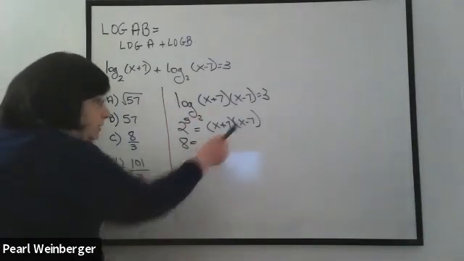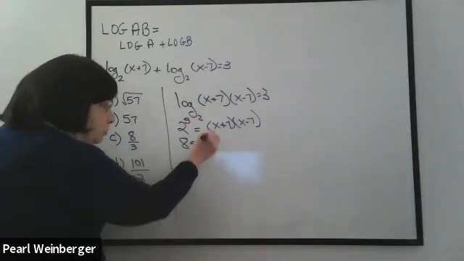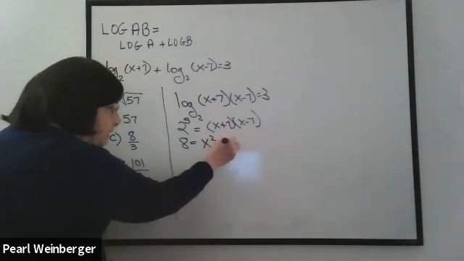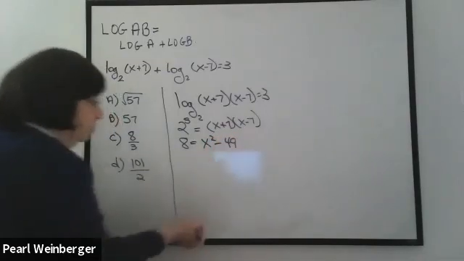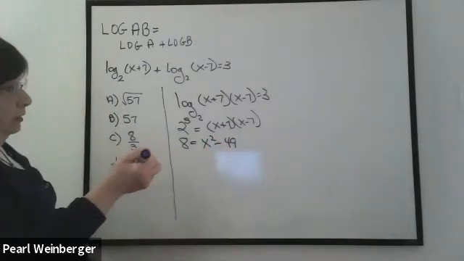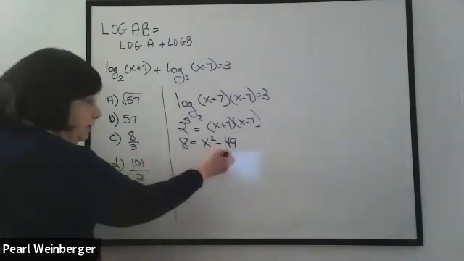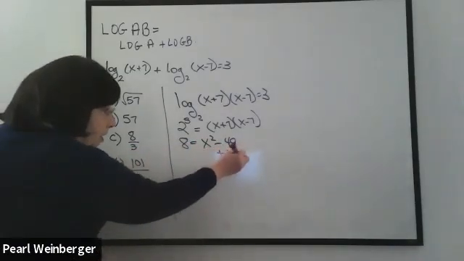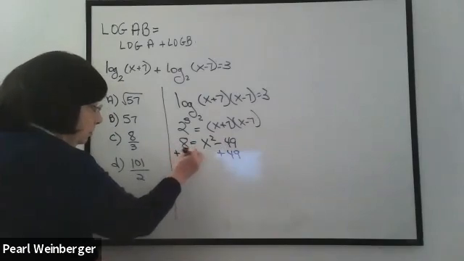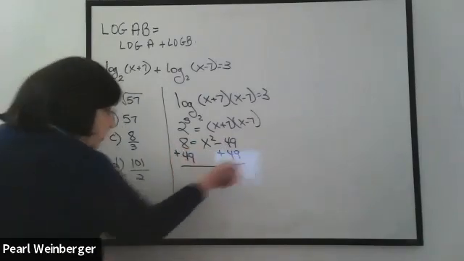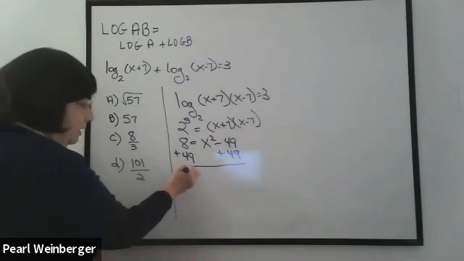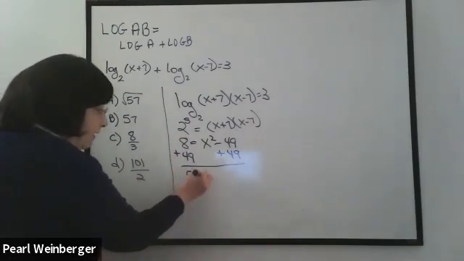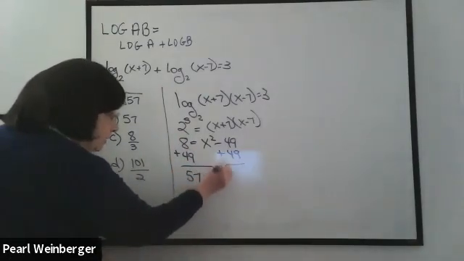So x times x will give me x squared, and 7 times 7, that's minus 49. And I'm going to bring the 49 to the other side, so that it gives me 8 and 49 is 57. I get 57 equals x squared.